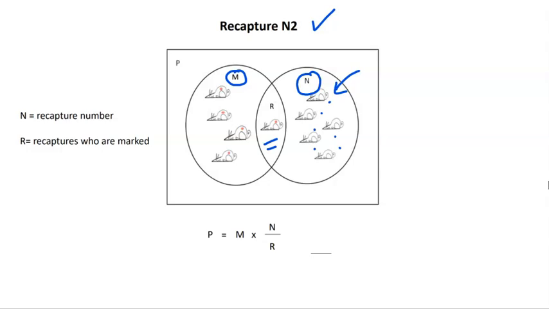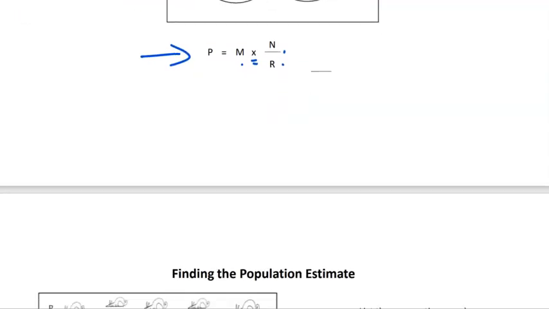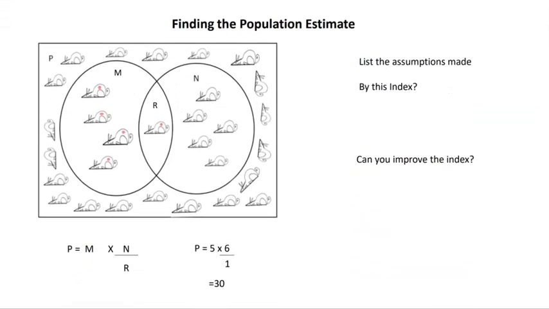We would then move to calculate the population size by taking M and multiplying this by N divided by R. This is the Lincoln Index calculation used to estimate the population size. Of course, needless to say, having done so, you would then release the animals at the end of this process.